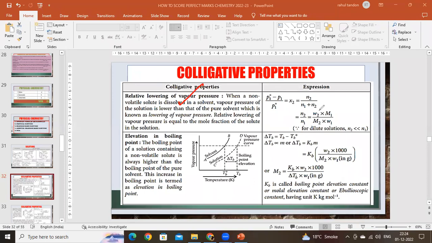The formula is this, because numericals can be asked from this formula, and of course it is applicable in dilute conditions only.